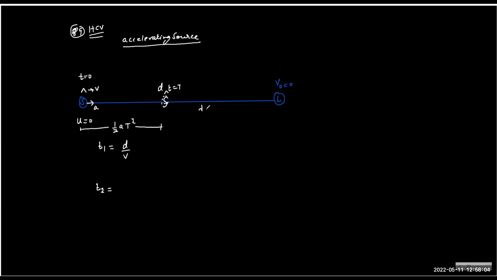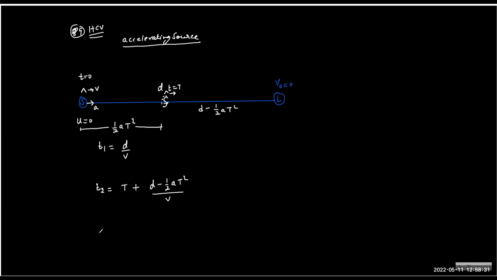Now the distance left is d minus half a T square. So the second sound which it emits now will take how much time to reach the observer? The answer is T plus the time for the distance left, because we are calculating from the beginning. So T is already spent in travelling, and then the distance left between the two will be traveled by the sound.